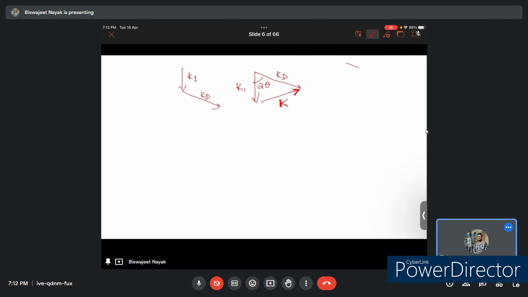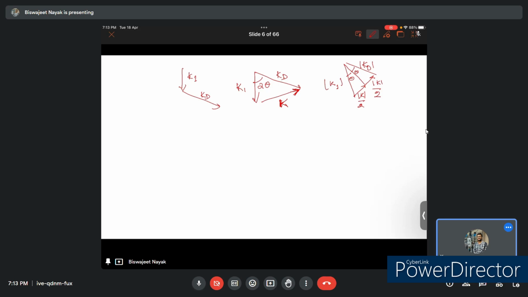If we consider two wave vectors dividing this angle into equal parts, then each part we can represent by K by 2 from simple geometry.